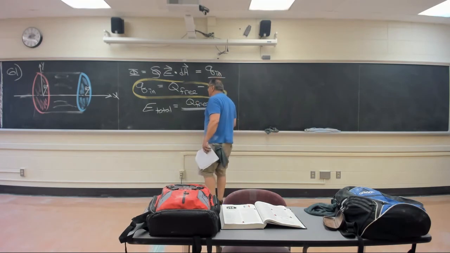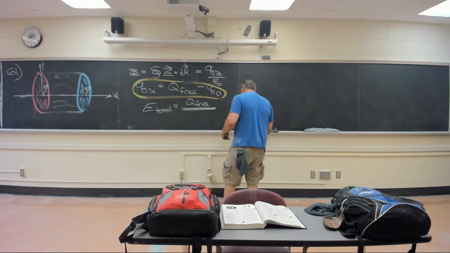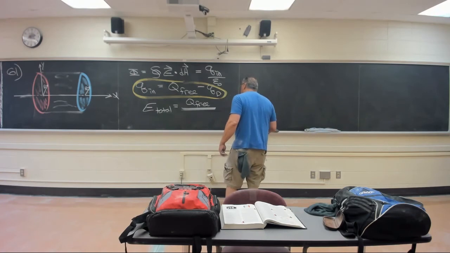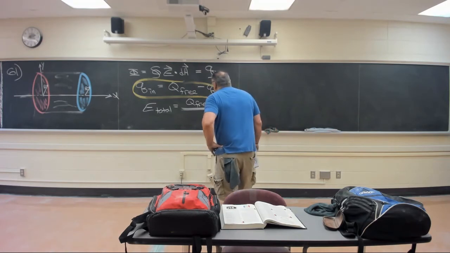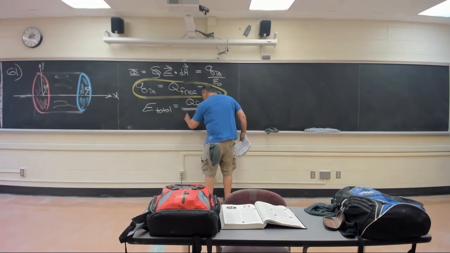You can visualize that in a Gaussian surface, because the E field is indicating that effectively the positive charge is somewhere else. The dielectric is essentially creating this issue. Q free equals kappa.